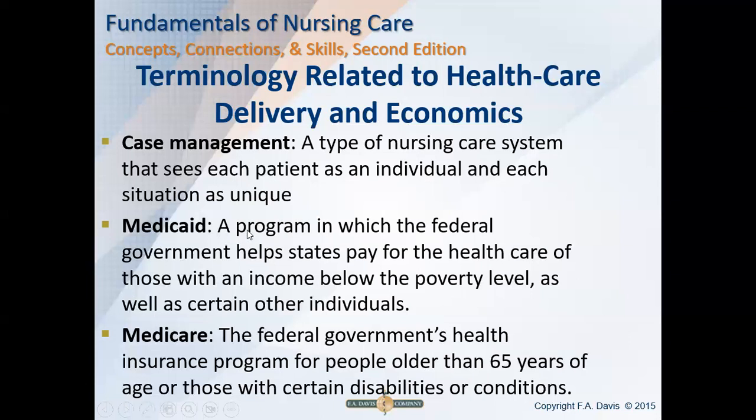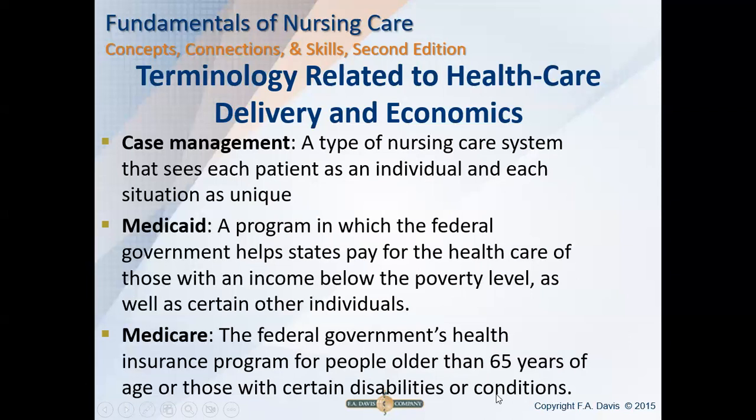Medicaid, a program in which the federal government helps states pay for health care of those with an income below the poverty level, as well as certain other individuals. And Medicare, the federal government's health insurance program for people older than 65 years of age or those with certain disabilities or conditions.